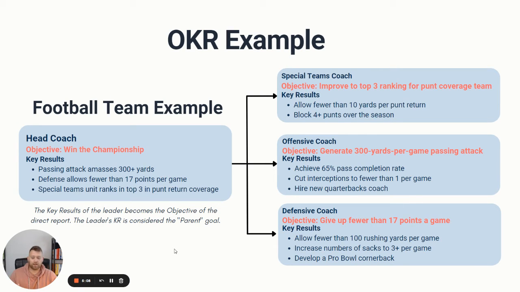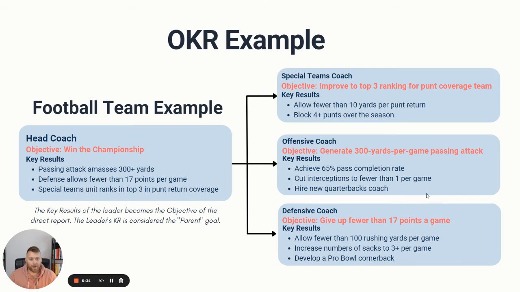If you look at every single key result, for the majority of it, there's a way to measure it. 65%, one per game, 300 plus yards, 17 points, top three. That's what you want to be specific about. Now, what we see enter into this key result is hire new quarterback coach.